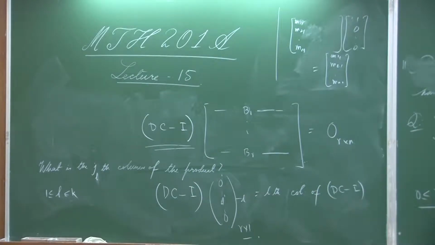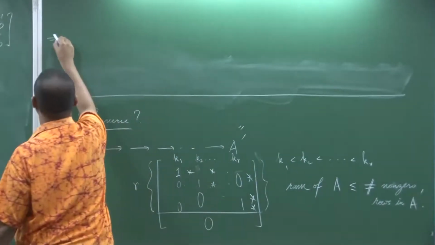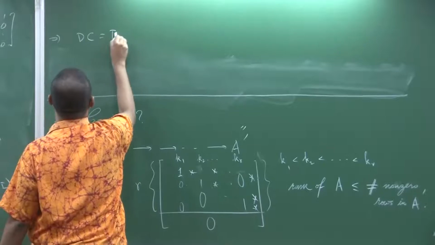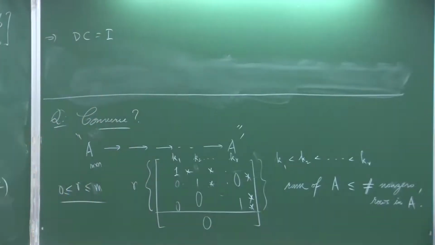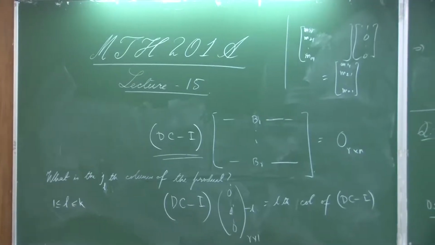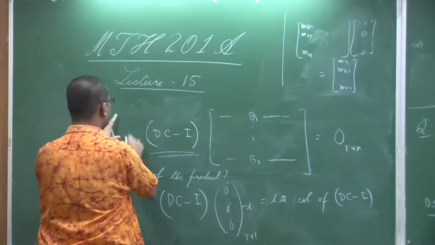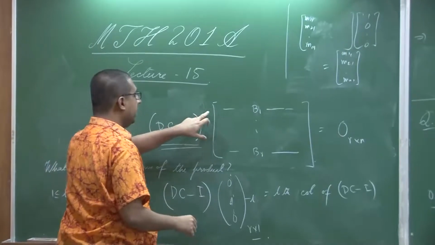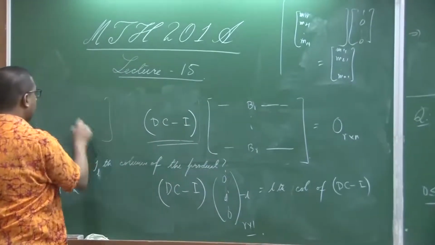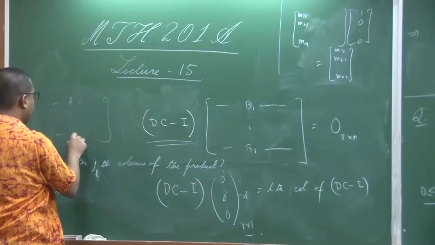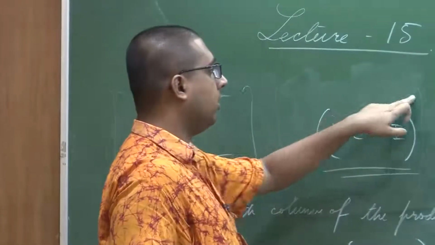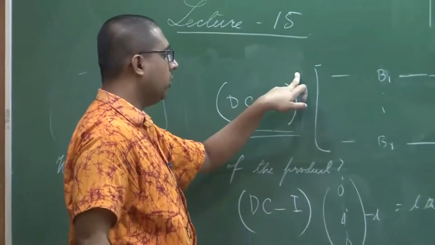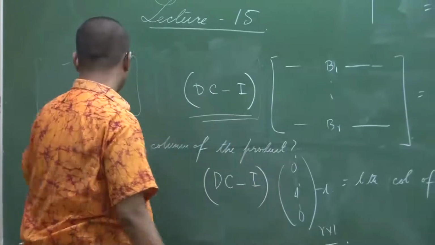So, from earlier it implies DC equals identity, and if you remember both D and C are square matrices. These are all R by R matrices if you remember. So, here we have A1 to AR, and then we need R columns and similarly R rows.